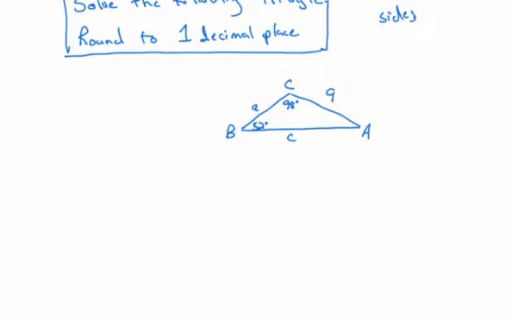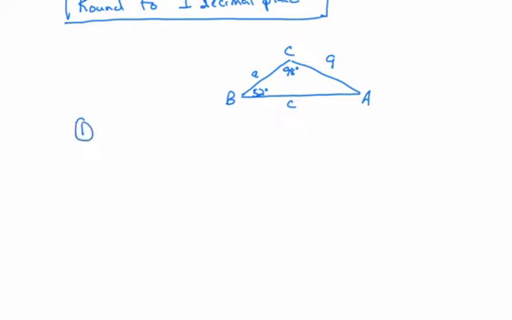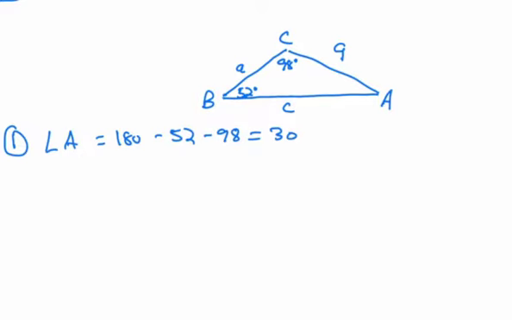So we're going to begin by getting probably the easiest thing, and that is we're going to find angle A. So let's start out and solve for angle A. That is going to equal 180, and then I'm going to subtract out 52 and subtract 98, and that gives us 30 for angle A. So let's just change the color so we can see that we just solved that. 30 degrees for angle A.